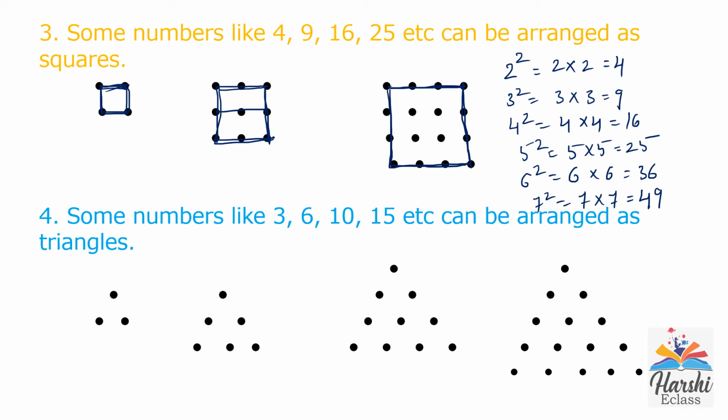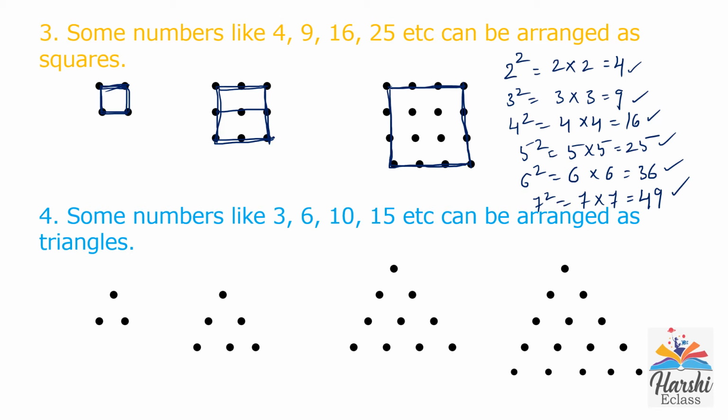There are many whole numbers which we can arrange in square form. 4, 9, 16, 25, 36, 49 are some examples of square numbers.